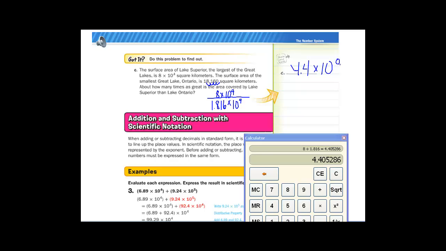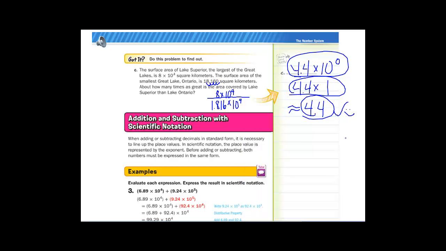Remember, anything times 10 to the 0 is just a 1. So that would be 4.4 times 1, which is just approximately 4.4. Actually, I probably would accept any of these, just not to be too particular. This is the preferred answer. All right, let's move on to addition and subtraction.